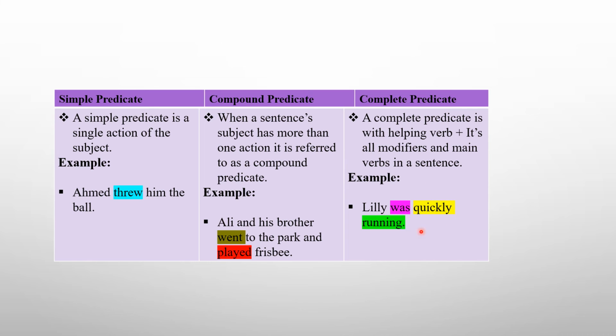Lily was quickly running. So you can see was is a helping verb, quickly is an adverb, and running is the main verb. So from was till running, they make a complete predicate. I hope you're clear about the subject and predicate.